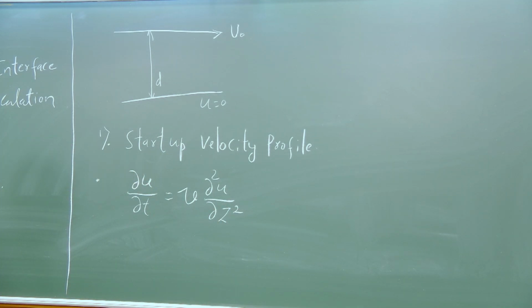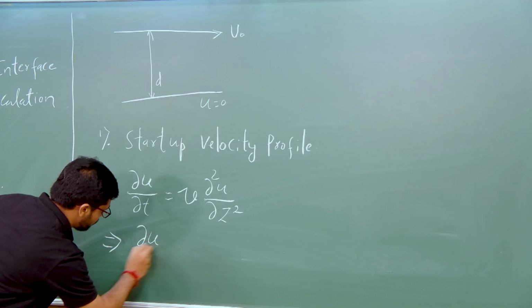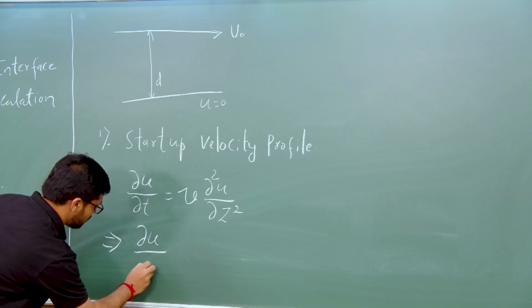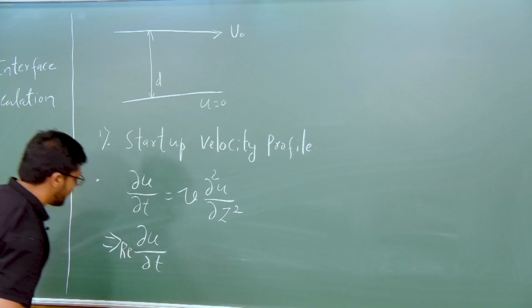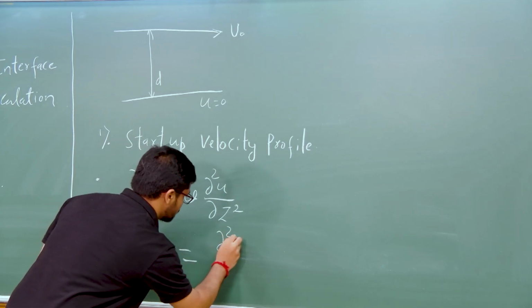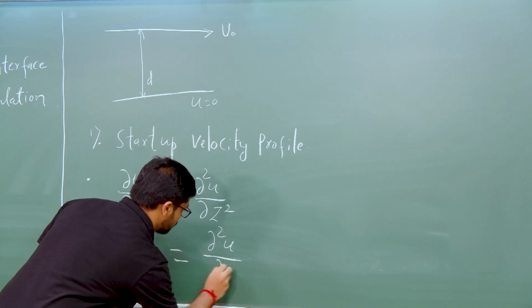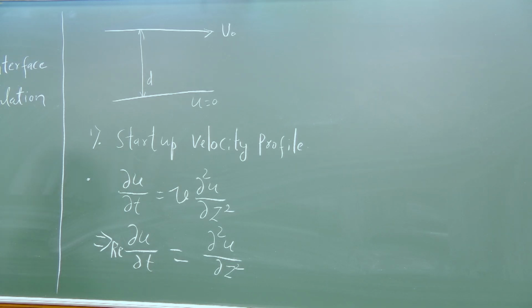This is the equation you will get from the x momentum balance, and if you make it dimensionless you will get dou u upon dou t, and I think the Reynolds number will be multiplied in this term, equal to dou square u upon dou z square, where u, t, z are all dimensionless variables.